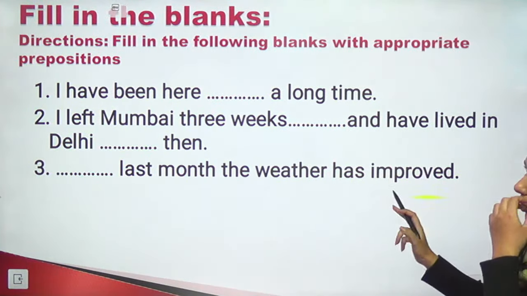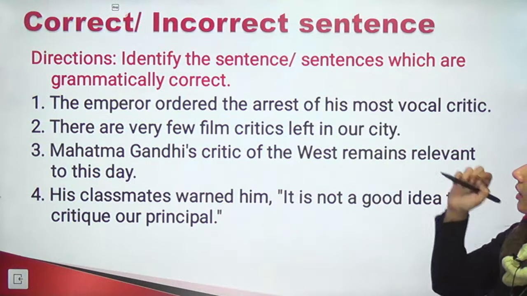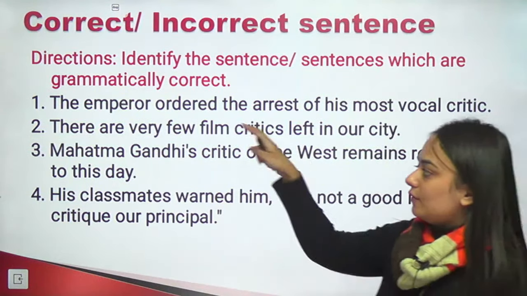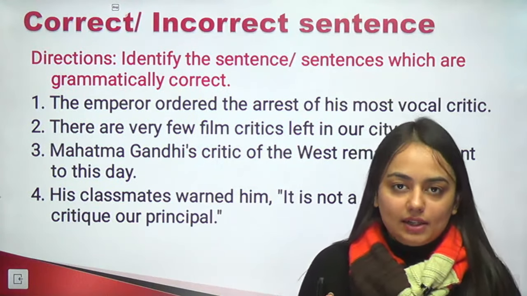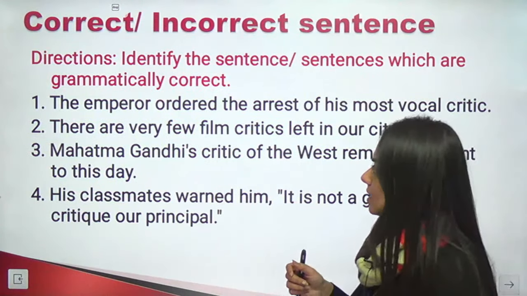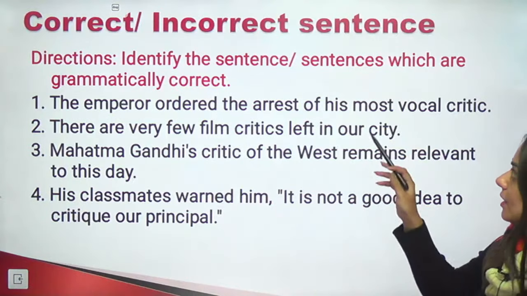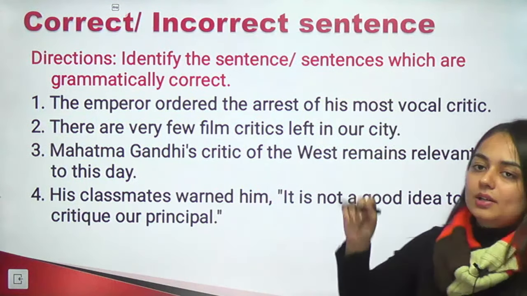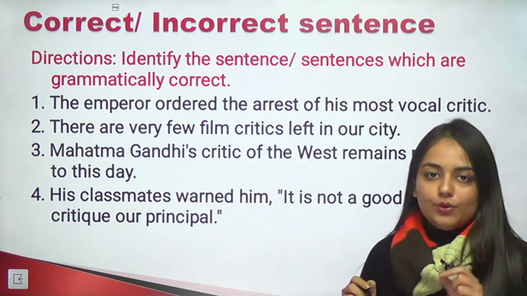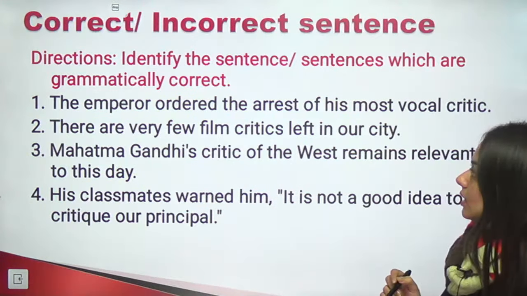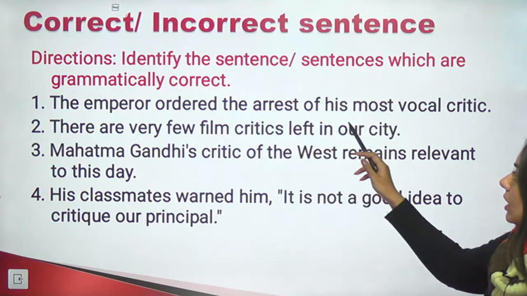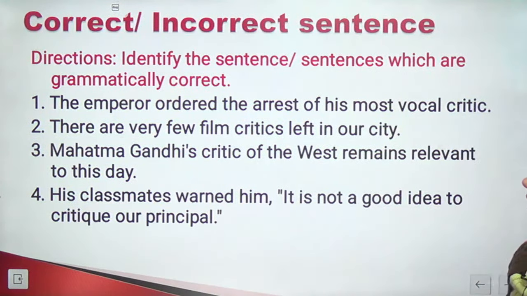Let's see some more examples of this. Correct and incorrect sentences. 4 sentences are given here, out of which one has some grammatical error, some anomaly. Let's see if you are able to find it out. Identify the sentence or sentences which are grammatically correct. The emperor ordered the arrest of his most vocal critique.